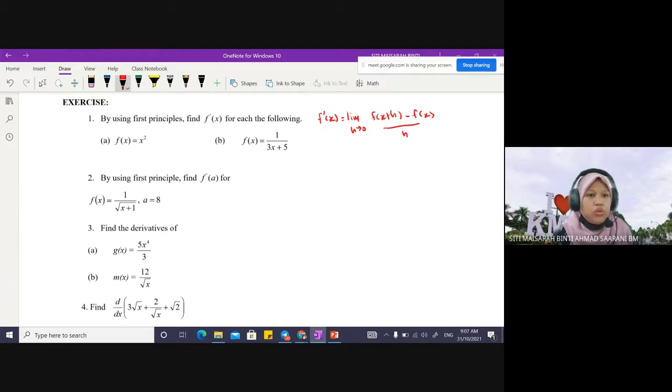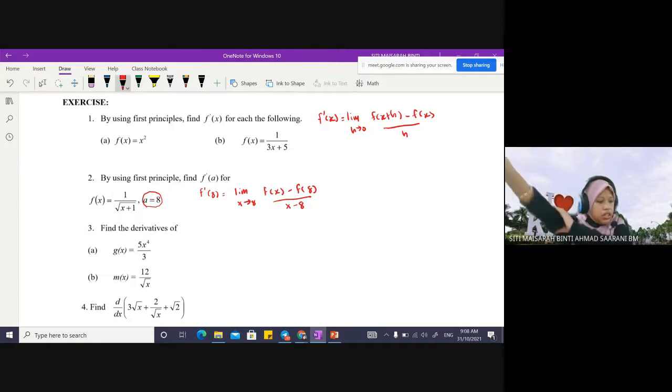Okay. Kalau untuk nombor 2 yang ini, by using first principle, find f prime a for fx equals to 1 over cx plus 1. A equals to 8. Ni dia bagi A equals to 8. Yang ni kena pakai f prime 8 equals to limit x approach 8 fx tolak f8 over x minus 8.